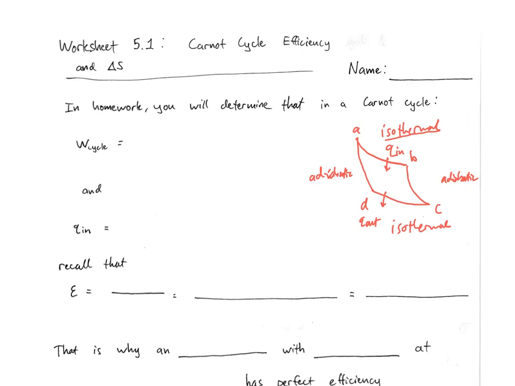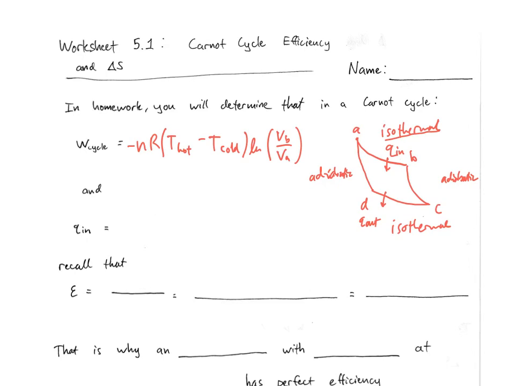All right. So what is the total amount of work done by this cycle? You'll actually calculate this in your homework, and I'm going to give you the answer right now. The answer is that W cycle equals negative nR (T hot minus T cold), multiplied times the log of VB divided by VA, interestingly.